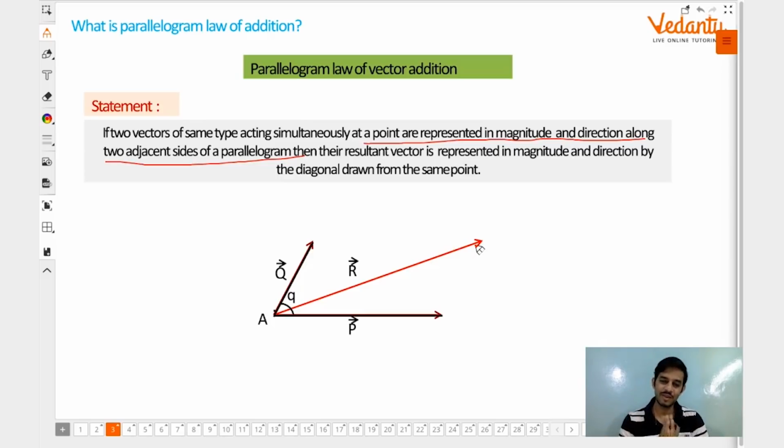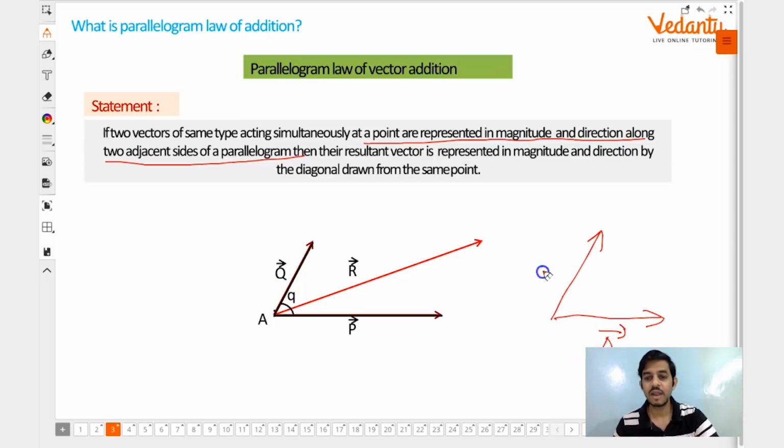Remember? Okay, so कहानी आगे बढ़ाते हैं. What was the importance of parallelogram law? Let's say there are 2 vectors, A vector and B vector. So parallelogram law के बारे में हमने क्या कहा था?